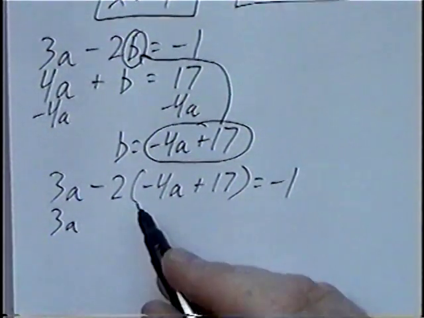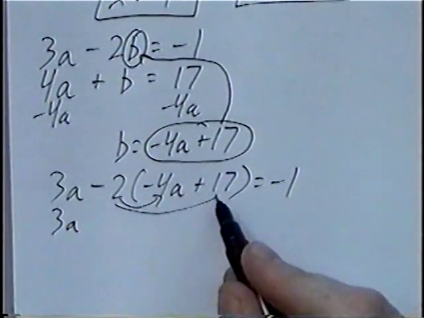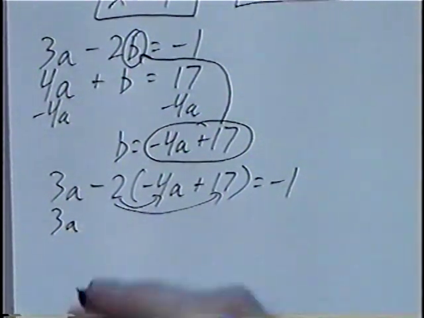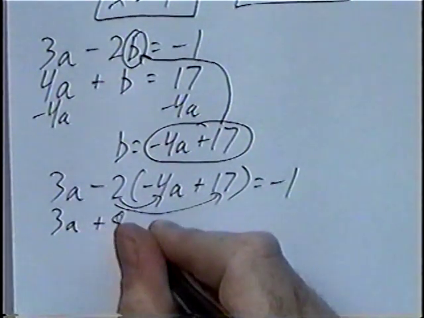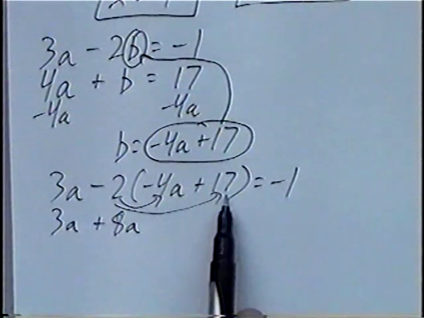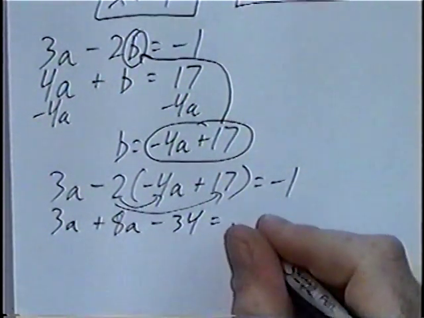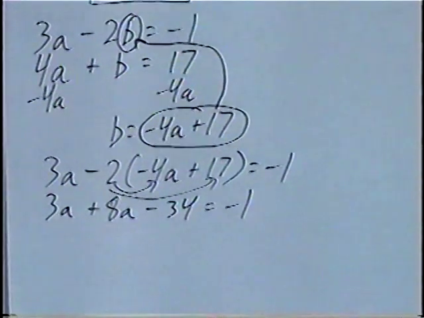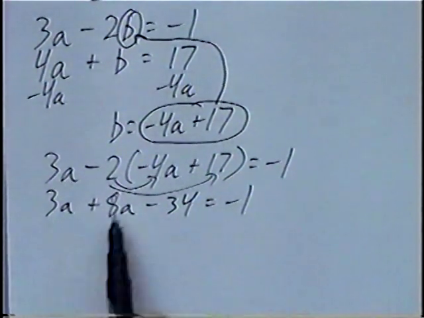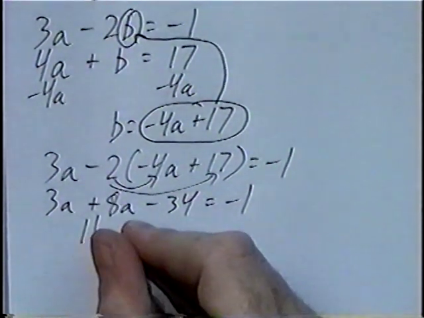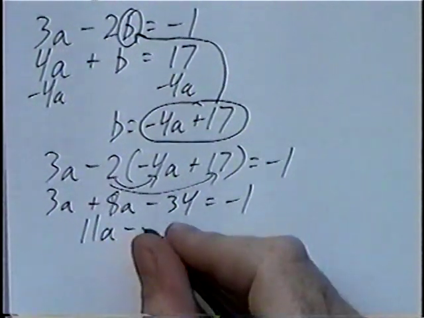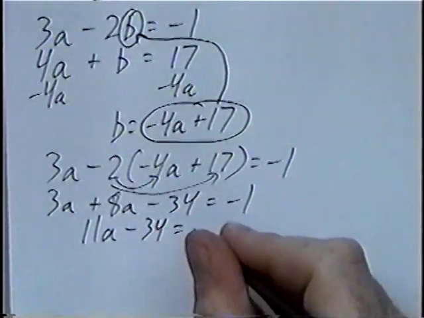Solving, distribute the negative 2. Negative 2 times negative 4, positive 8, and negative 2 times a positive 17, negative 34. 3a plus 8a is 11a minus 34 equals negative 1.